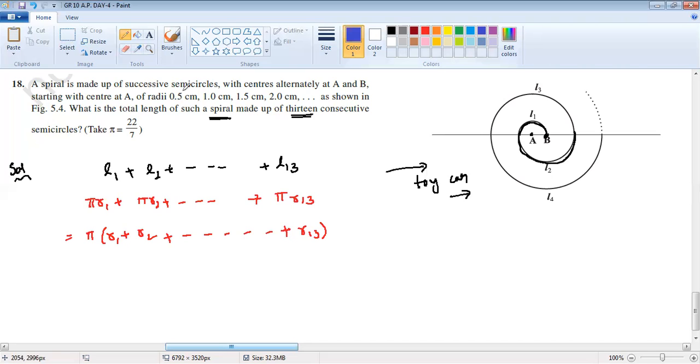Now the data is already given. What is r1? 0.5. Please write r1 is 0.5, r2 is 1.0, r3 is 1.5, r4 is 2.0, and so on.